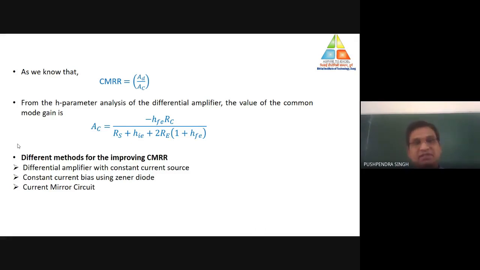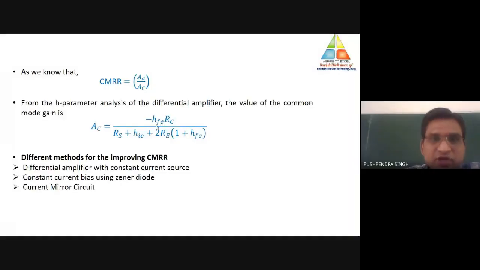As per the h parameter analysis of the differential amplifier, the value of this AC can be written as minus hFE RC divided by RS plus hIE plus twice of RE times (1 plus hFE). In this particular expression, the value of hFE is constant.